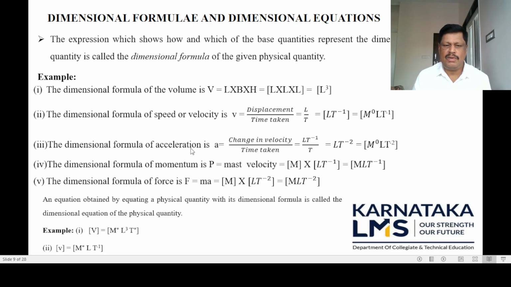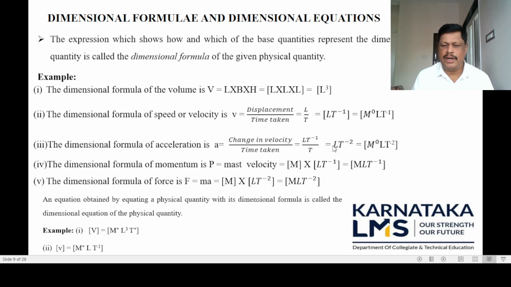The dimensional formula of acceleration is written as follows. You know that acceleration is defined as the rate of change of velocity. Therefore, acceleration is equal to change in velocity over time taken. We already know that the dimensional formula for velocity is L to the power 1 T to the power of minus 1 and time taken is represented by T, so that is equal to L T to the power of minus 2.